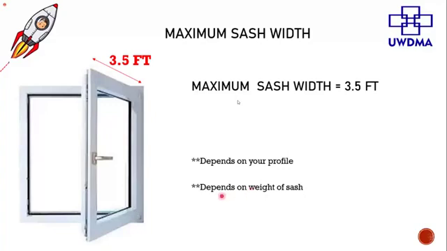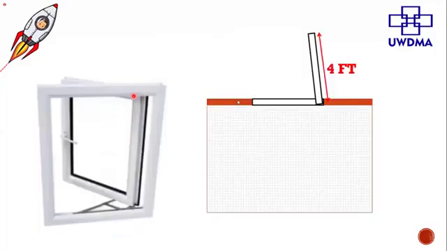And secondly, yesterday only we learned how to calculate a sash weight. So it also depends on your sash weight, especially because as you know the entire weight of your sash is going to come on your hinges. So you also need to plan that.